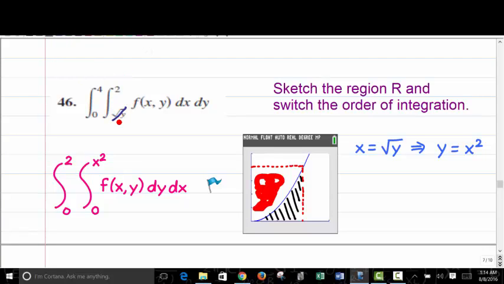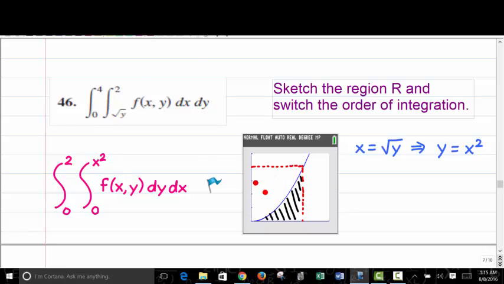This would have been 0, representing the y-axis, and then it would have been to the curve. So it would have been 0 to the square root of y, and then still 0 to 4. So that's what it would have looked like had the region been what I just shaded in red. If it was supposed to represent that region, that's what the integral would have looked like. So obviously you've got to be careful with that.